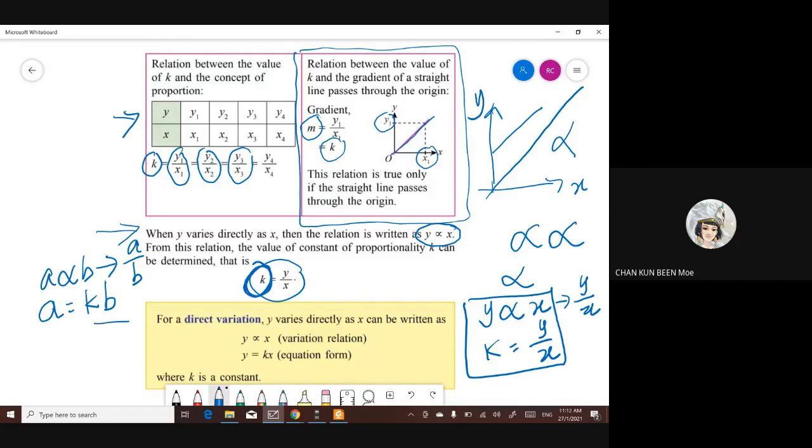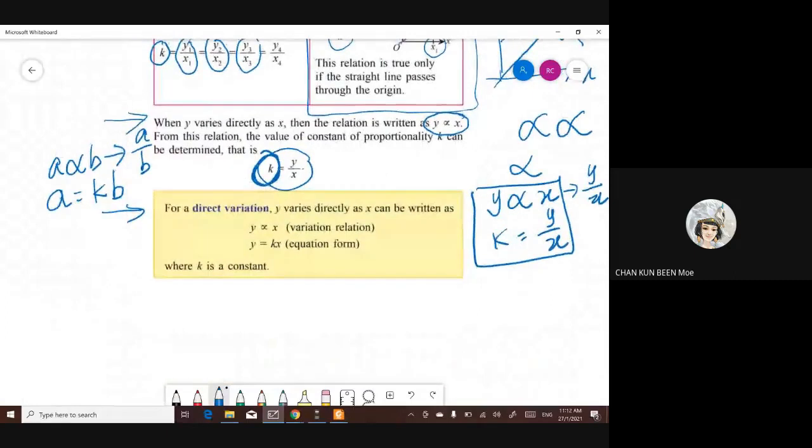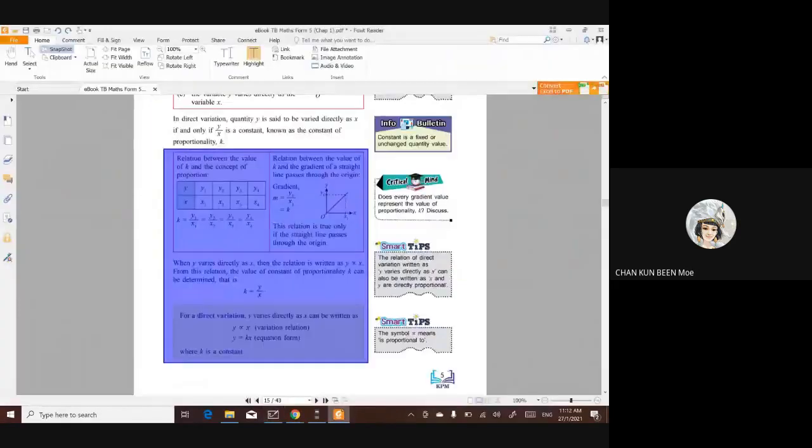Okay, so if you look at this part here, for a direct variation, y varies directly as x can be written as y varies directly as x like this. So y equal to kx. Okay? Can you understand or not, class? Yes, madam. Very good. And we proceed.